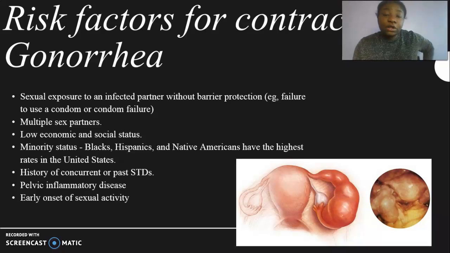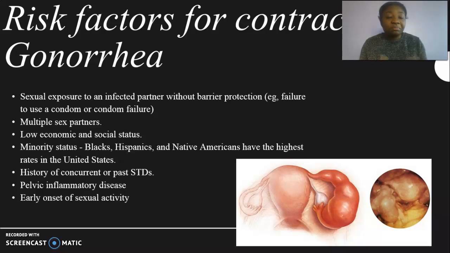A lot of people of low economic and social status are more likely to be exposed to gonorrhea, maybe because they don't have the best medical care. They're not able to get condoms or anything to stop the spread of disease.